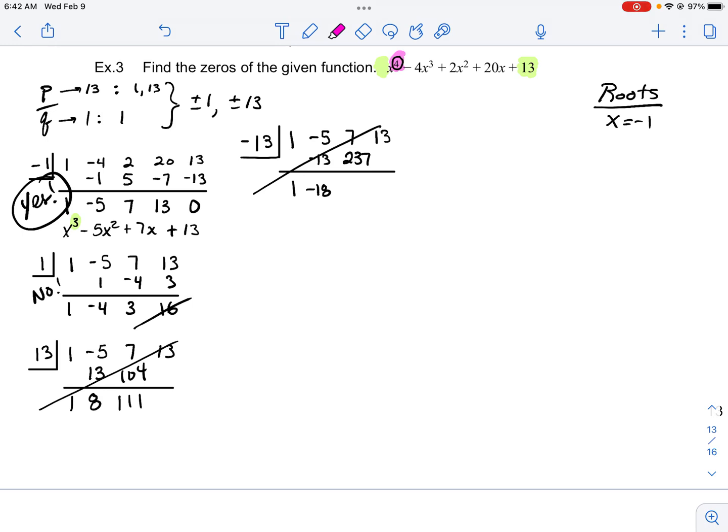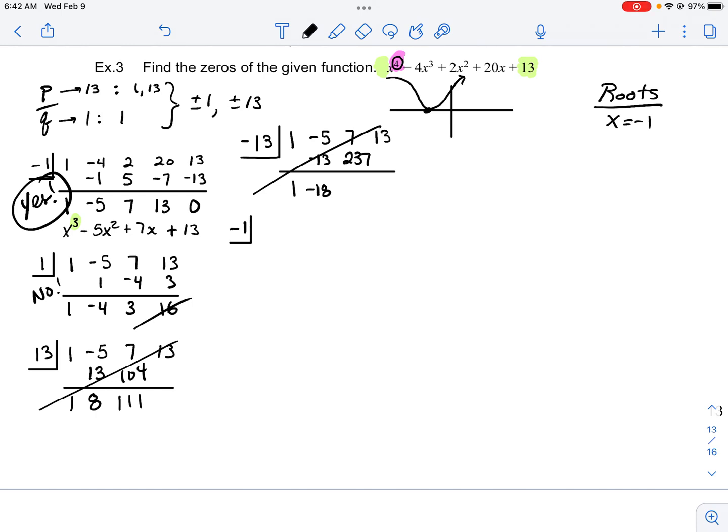But what we need to remember is sometimes we can have multiplicity with a value, which means at -1 right here, this graph, however it's coming in, could be touching this and bouncing back off of it or creating a turning point. So if that's the case, that means this -1 might just work again.